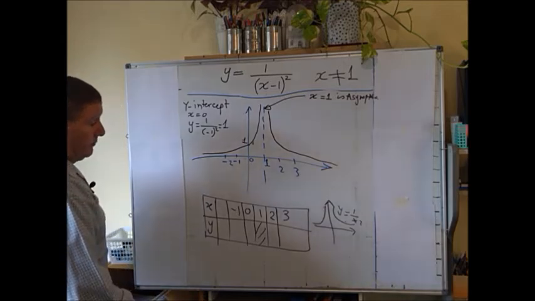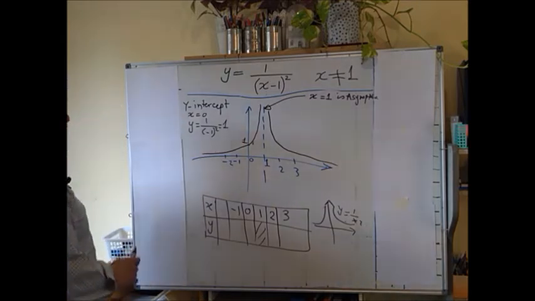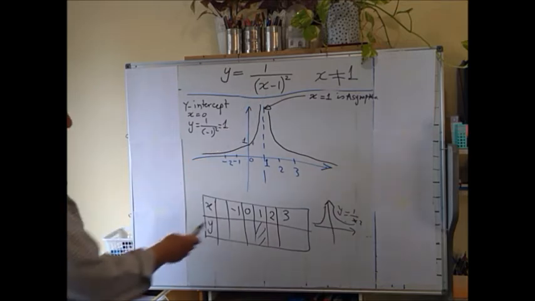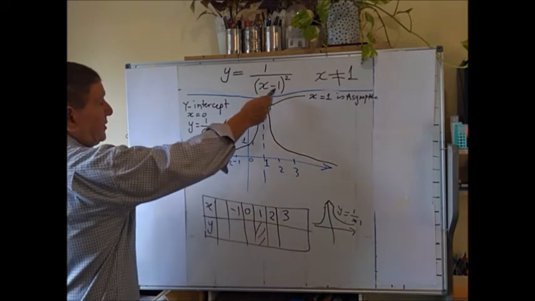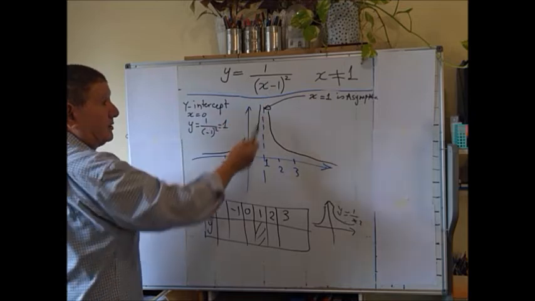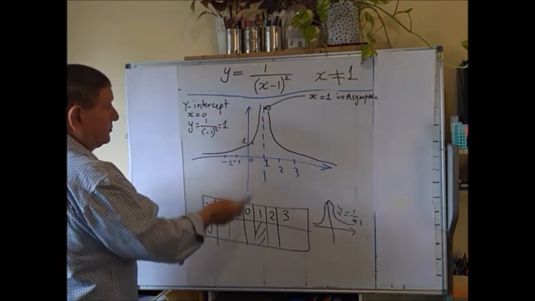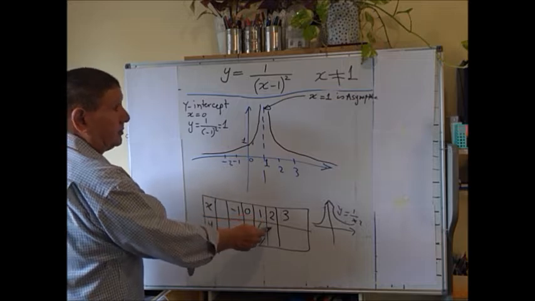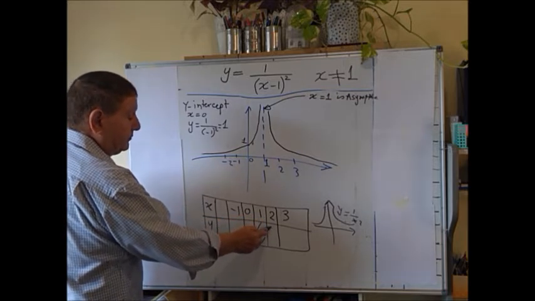If we do simple substitution in this function, if you put 2, then 2 minus 1 is 1, so 1 squared will give you 1.